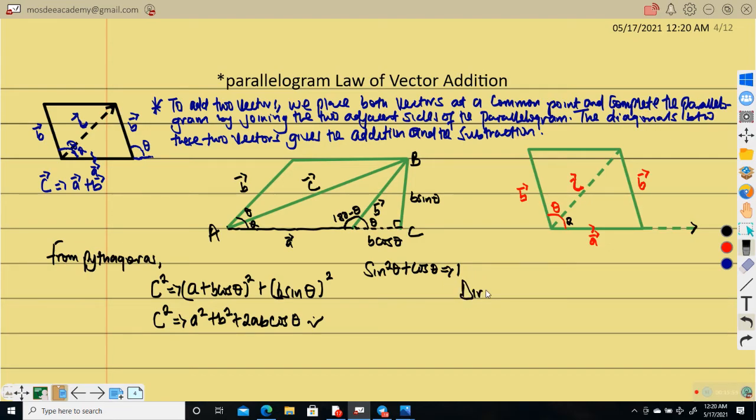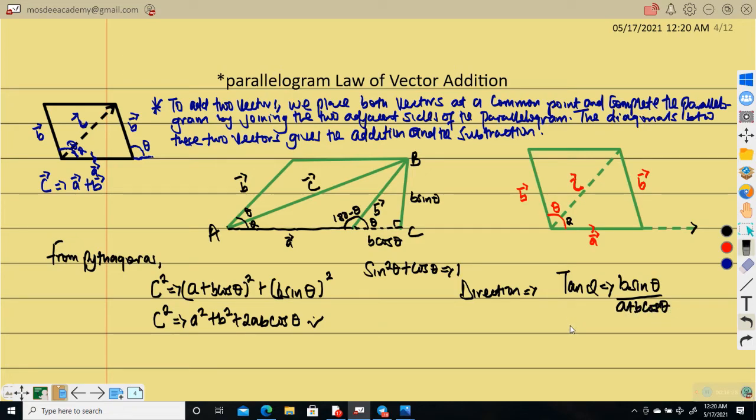About the direction, just like what we have done in the triangle law of vector, we just go by the same. You can see that this is a right angle triangle, my dear student. So from that, I'm just going to say opposite over adjacent. Remember that. So we say tan alpha is equal to the opposite there, which is B sin theta, and the adjacent there is A plus B cos theta.